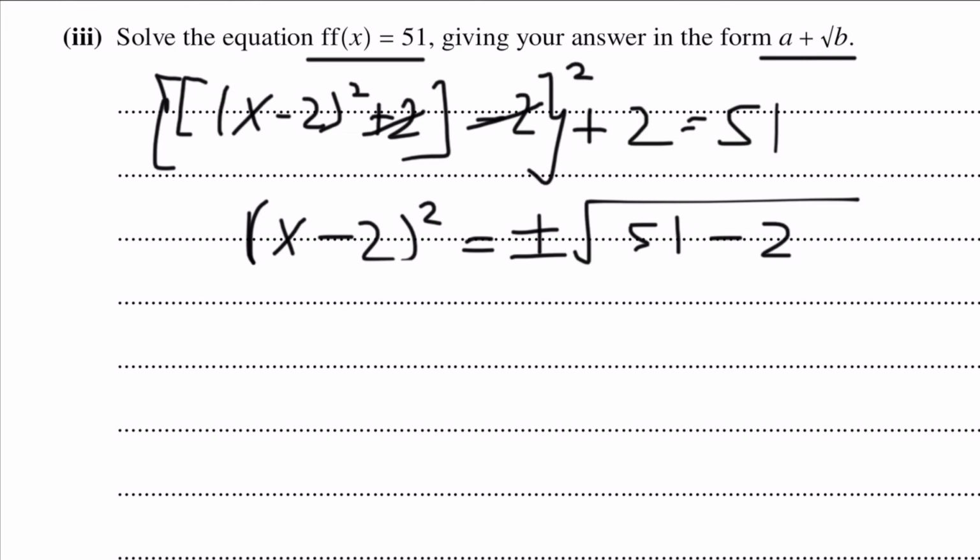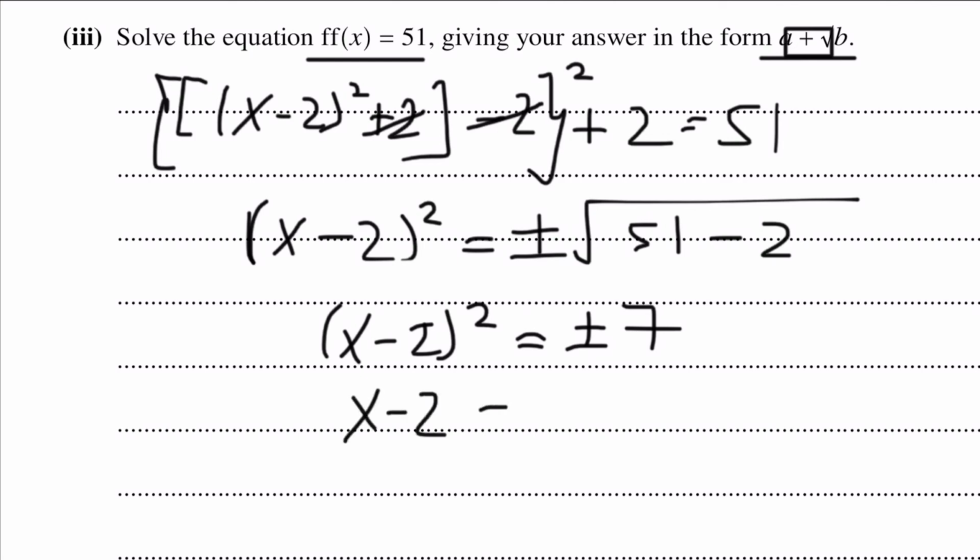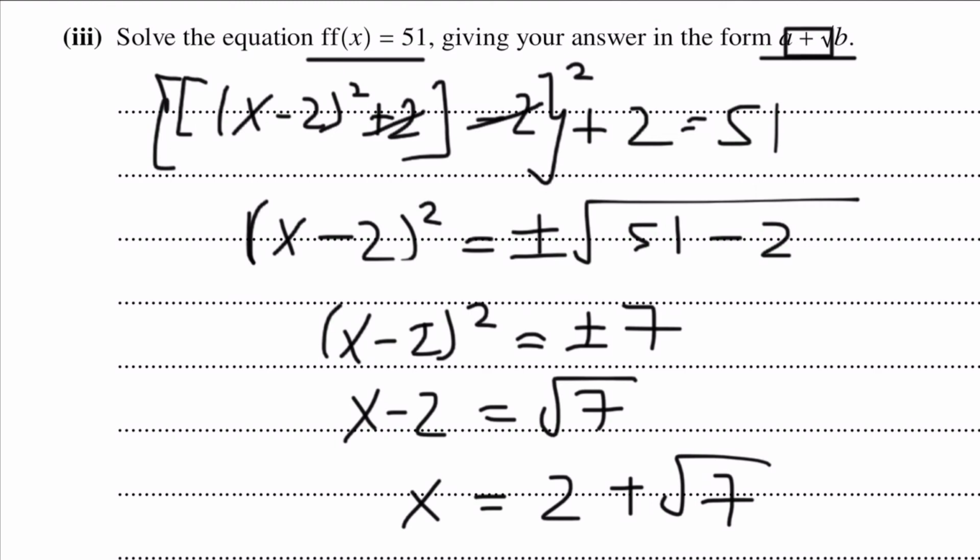You will get x minus 2 squared is equal to plus or minus 7. But since you're looking for the plus sign only, you can just neglect the negative sign. That will give you x minus 2 is equal to the square root of 7. And x is equal to 2 plus the square root of 7. So a is 2 and b is 7.